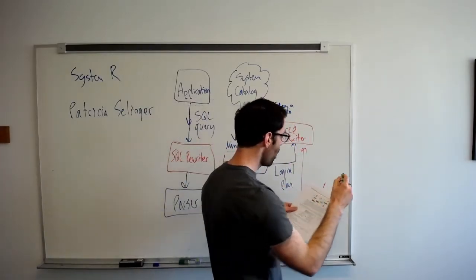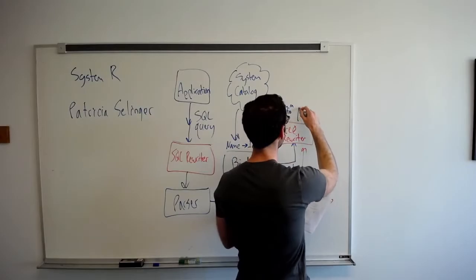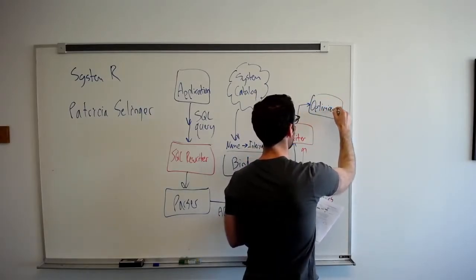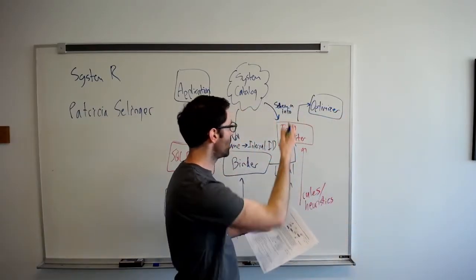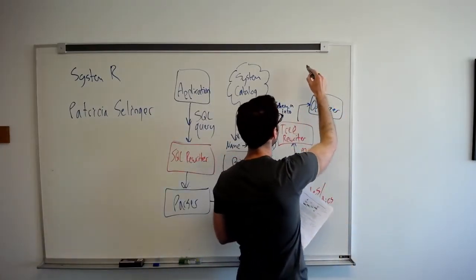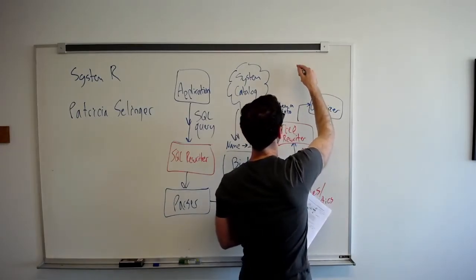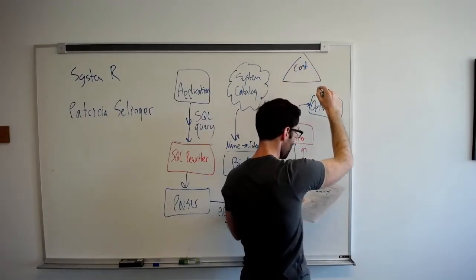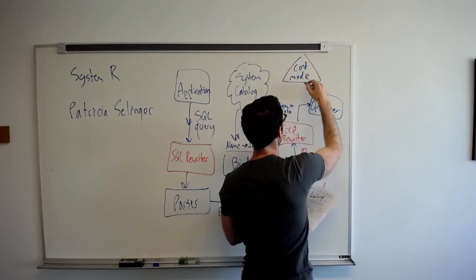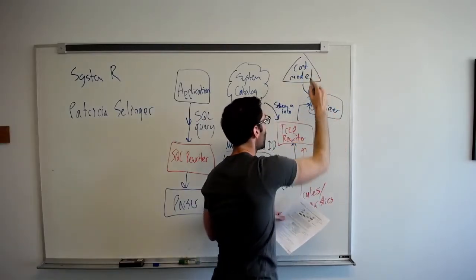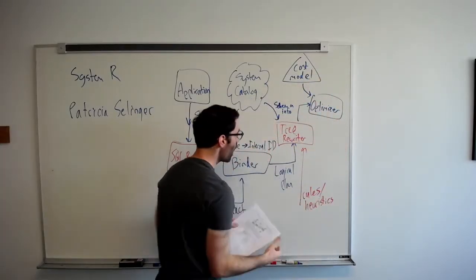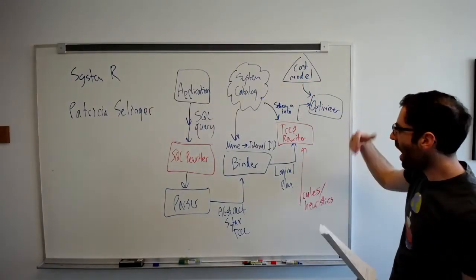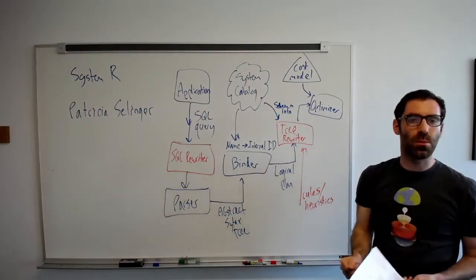our tree rewriter will send the logical plan to the optimizer, and this optimizer is going to rely on a cost model, and this is the part where we are actually estimating things about how long different possible plans might take.